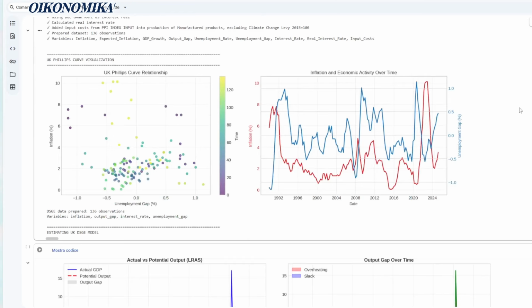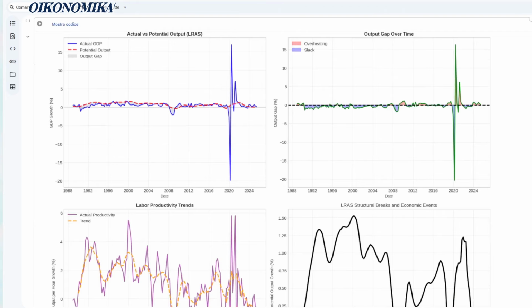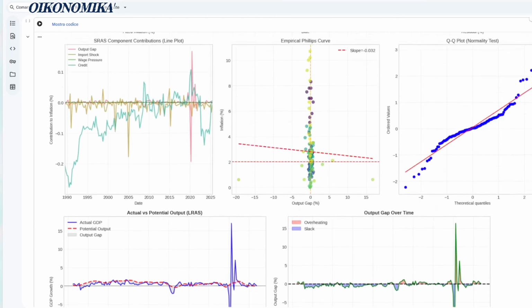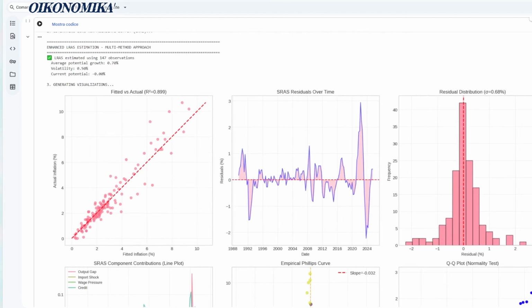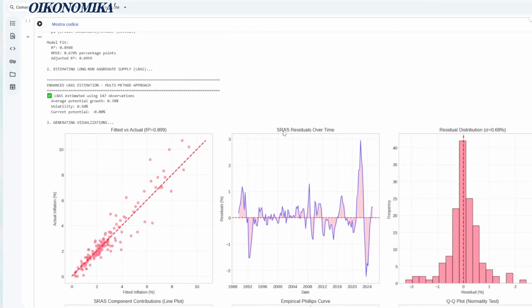We have a DSGE model that has been focused on the Phillips curve, on some New Keynesian modeling of the Phillips curve, and then we can also see in real terms what potential growth the UK economy can deliver. We will see the SRAS, the short-run aggregate supply, and the long-run aggregate supply.